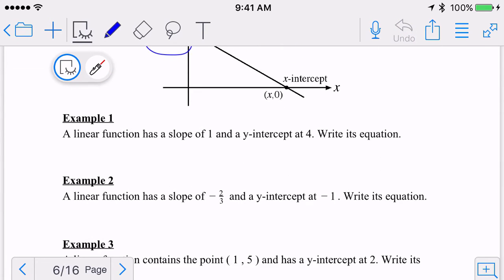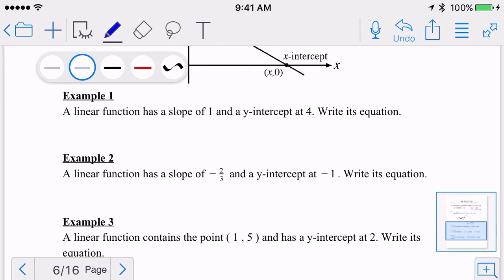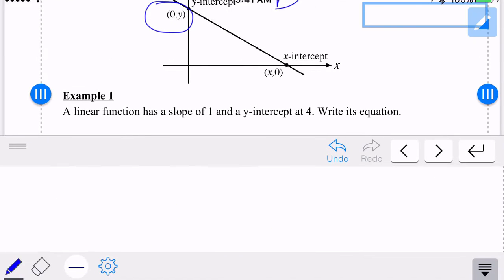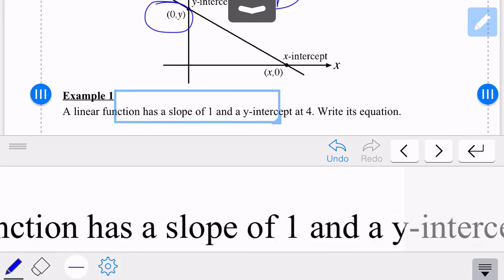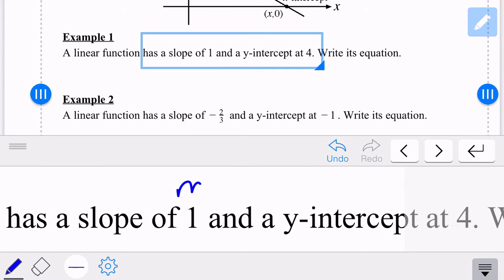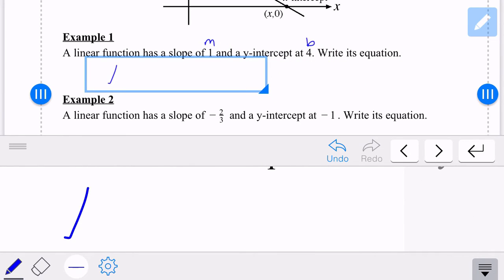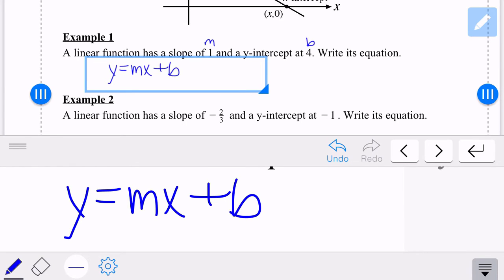Okay, so let's look at an example. We've got a linear function that has a slope of 1 and a y-intercept at 4. We want to write the equation. We've got a slope of 1, that's m, and our y-intercept of 4, that's b. So we just need to put this into y equals mx plus b.